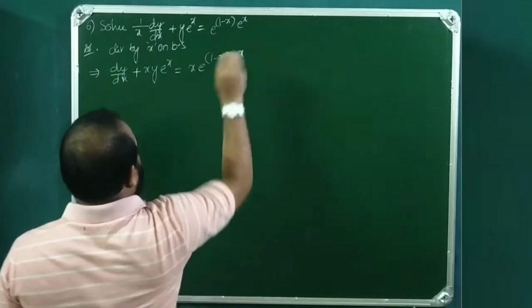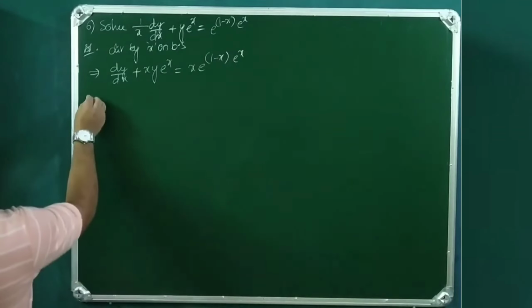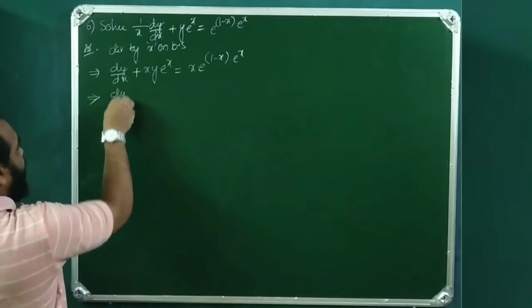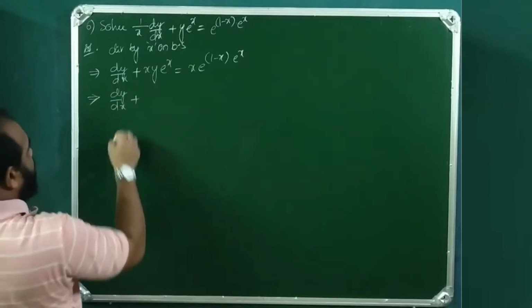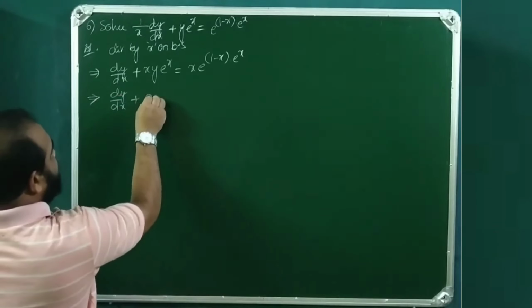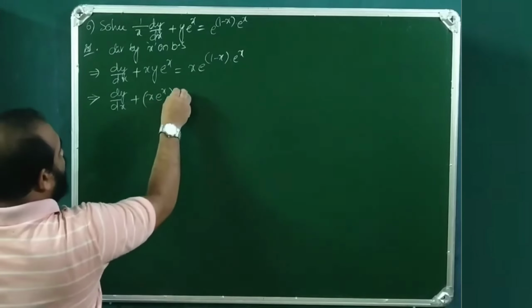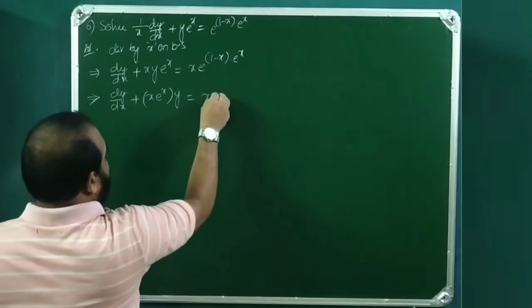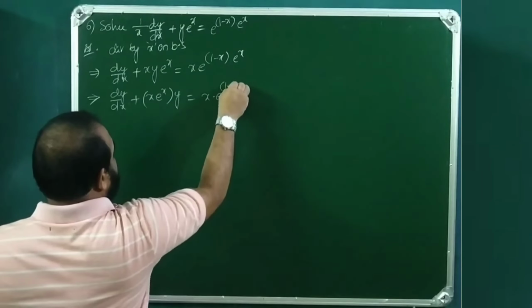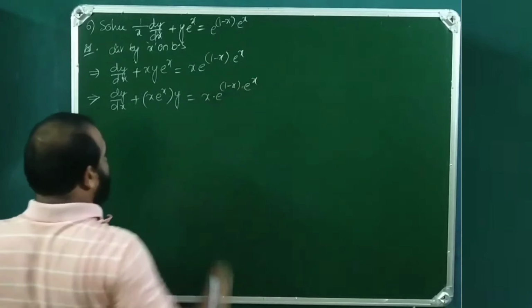into e power x. So this can be written as dy by dx plus x into e power x into y is equal to x into e power 1 minus x into e power x.